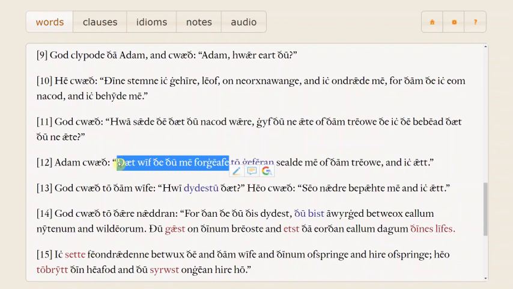So Adam replies, that woman that you me gave. Here we have that woman, direct object. You is the subject. Me is the indirect object, the recipient, and then the verb. So we have direct object, subject, indirect object order.